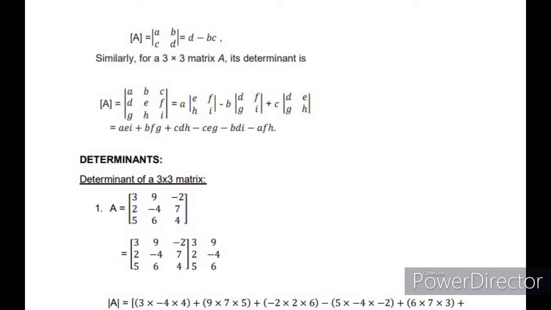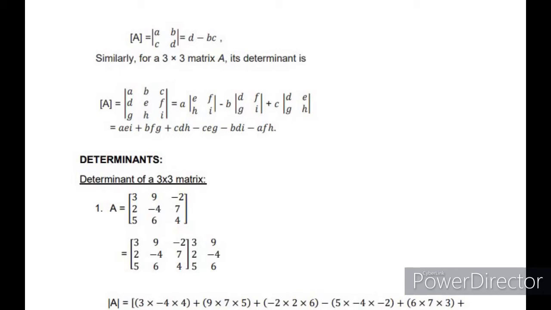Next, plus the element C multiplied by the elements D, E, G, H. So how do we get elements D, E, G, H? It is the same with the previous ones. We just take all the elements that do not lie along the row and column to which element C belongs.